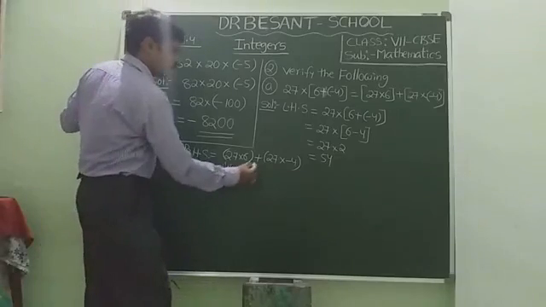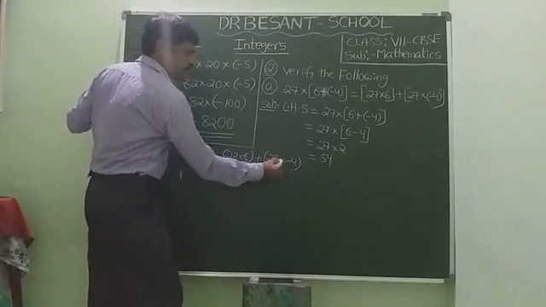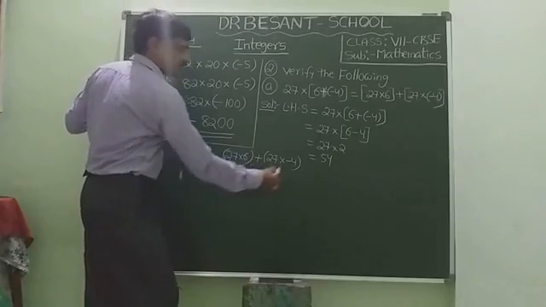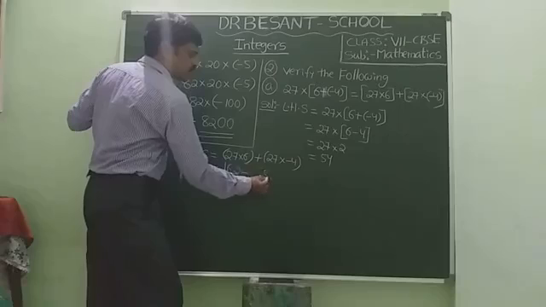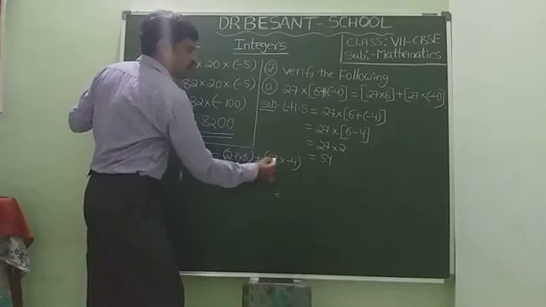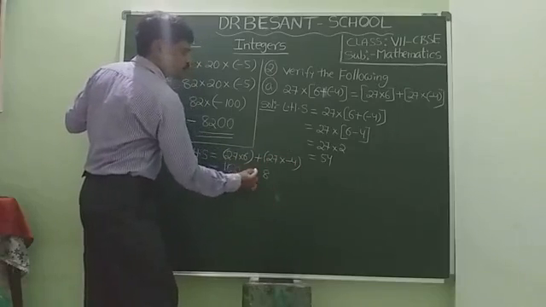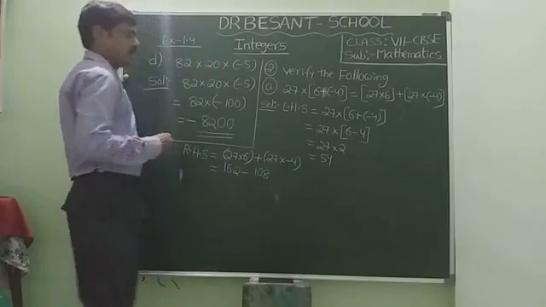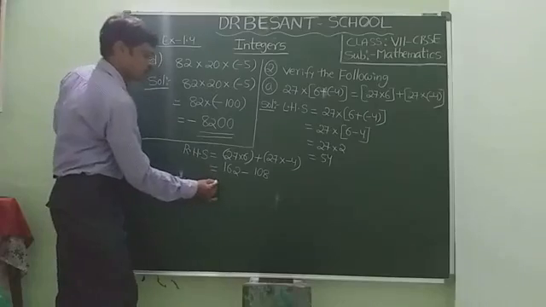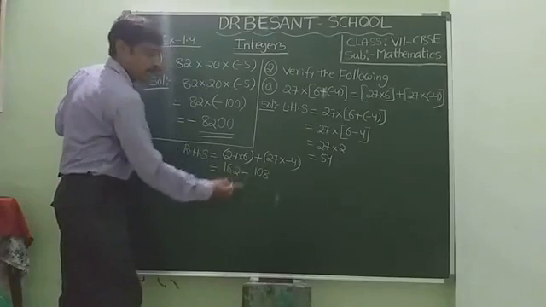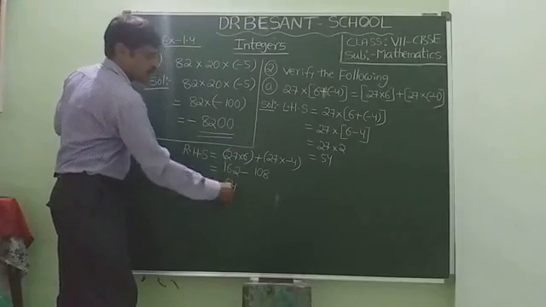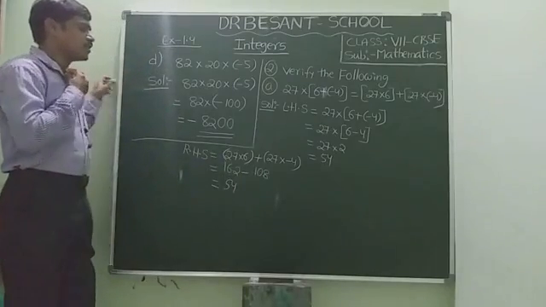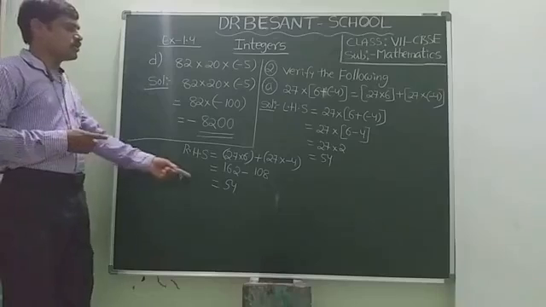Next, this is plus into minus, minus. 4 7s are 28, 4 2s are 8, 8 plus 2 is 10, so 108. Now 162 minus 108 is equal to 54.